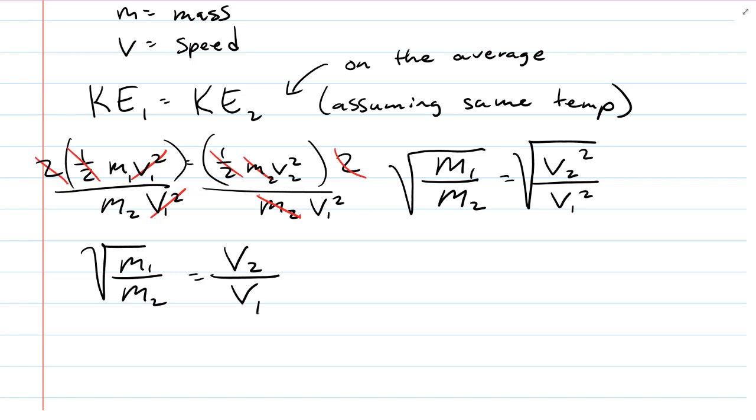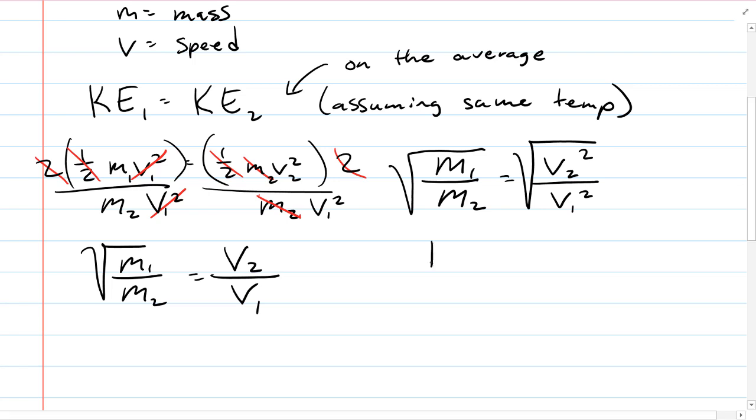If this is your 1, which is your NH3, your NH3 is the one with the lower mass. Over here, your HCl is the one with the larger mass. So a lower mass over larger mass is equal to a higher speed over a lower speed. Again, we would expect that the NH3 is going to be the one that winds up traveling faster down the length of the tube.